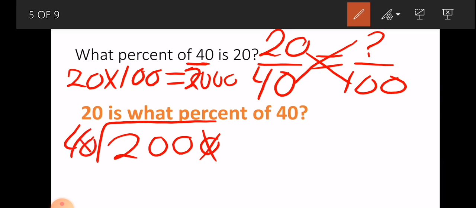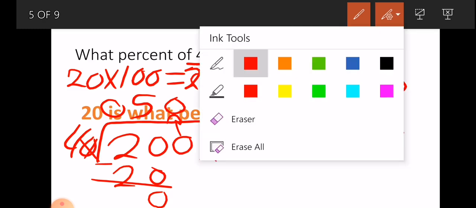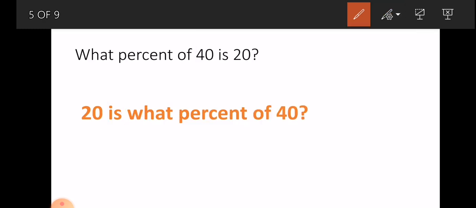Cross 0 with 0, then divide. 2 is not enough; 20 divided by 4 is 5. So it's 50%. Why? Because it's 50 over 100. It means 50%.